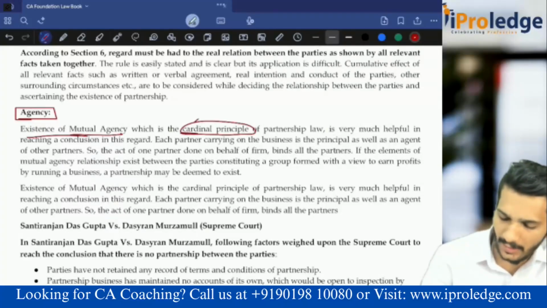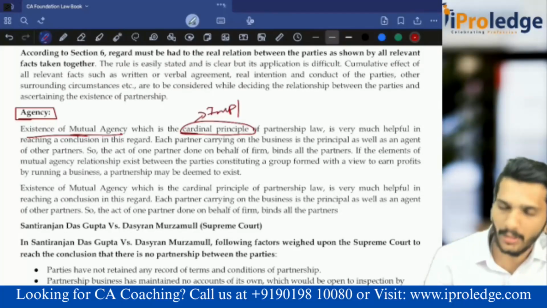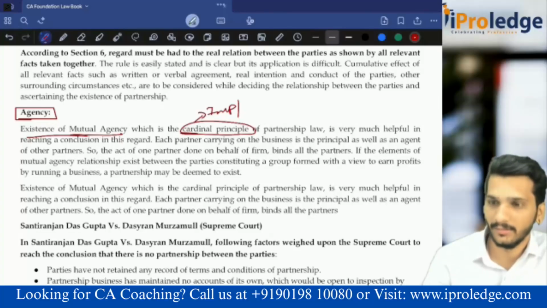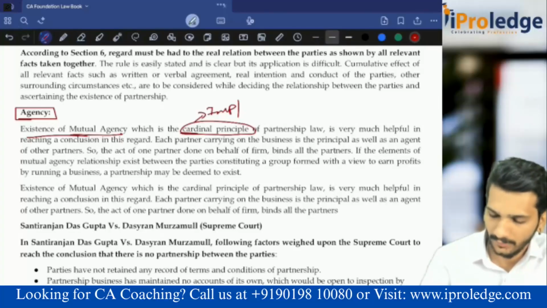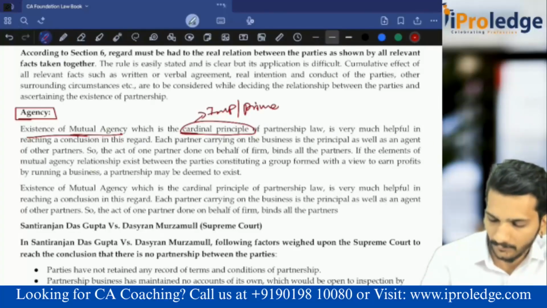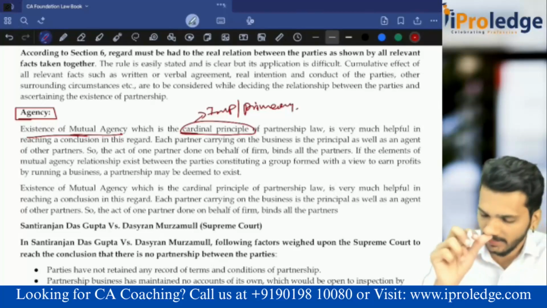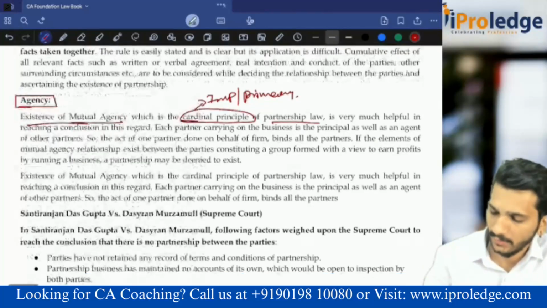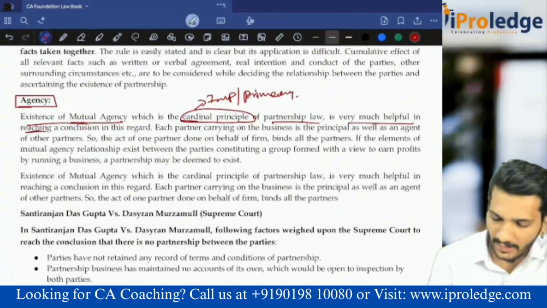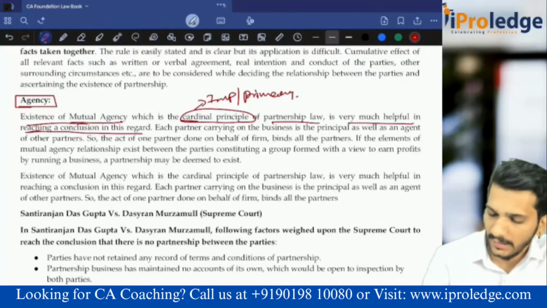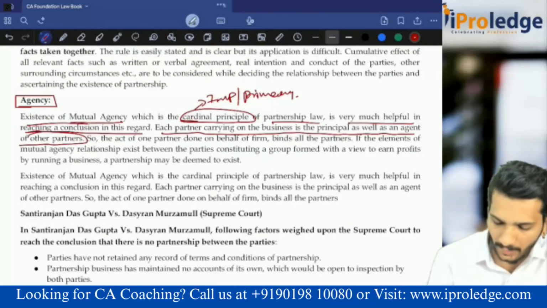What do you mean by the word cardinal? Important, primary, important. The cardinal principle of partnership law is very much helpful in reaching a conclusion in this regard. Each partner carrying on the business is a principal as well as agent of the other partners.